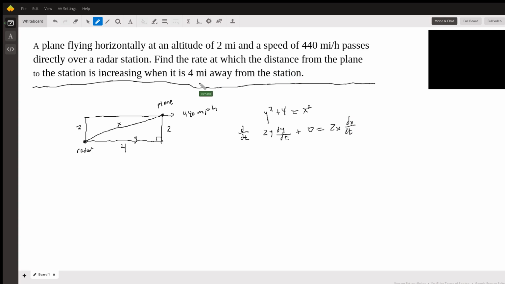What they want to know is dx/dt, the rate at which the distance between the plane and the radar station is changing. That's what they want to know. So I should just put a dt here. That's where it really belongs. And let me erase it from there so nobody gets confused.